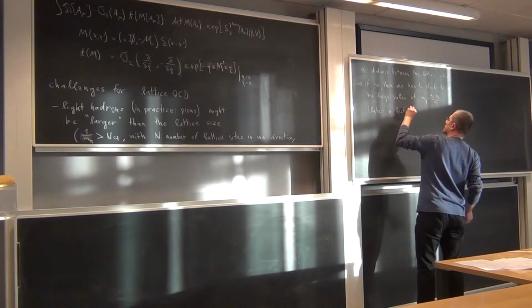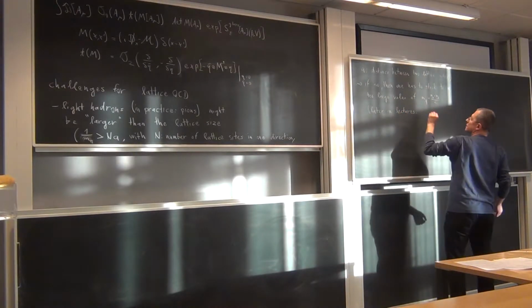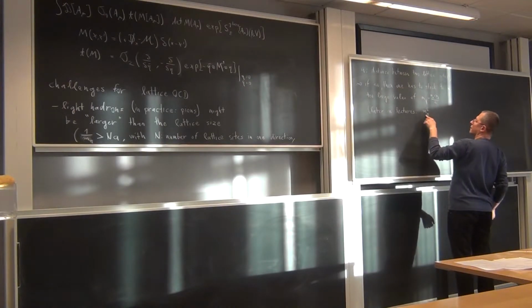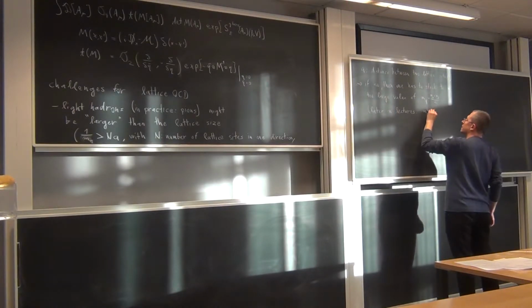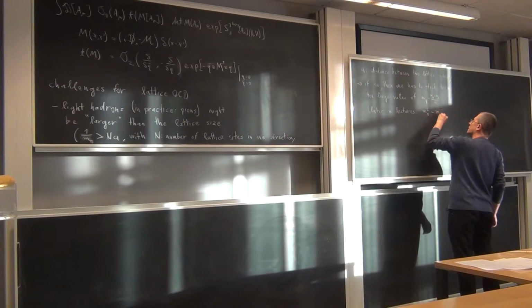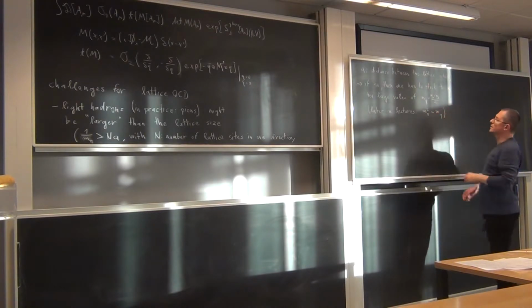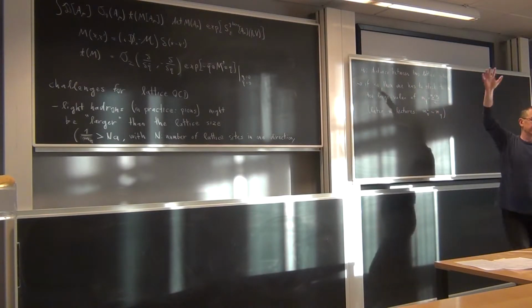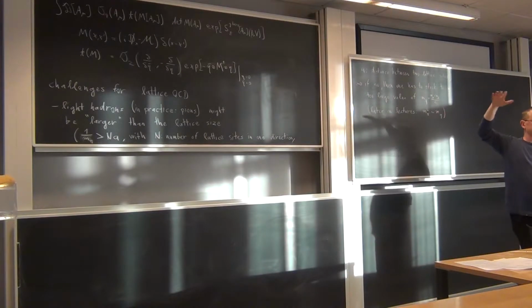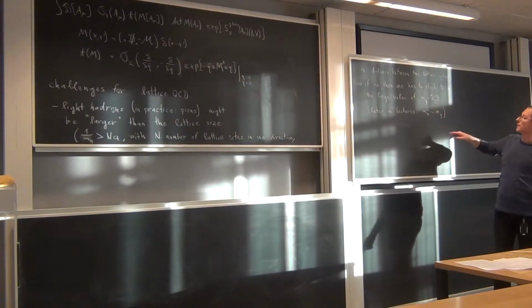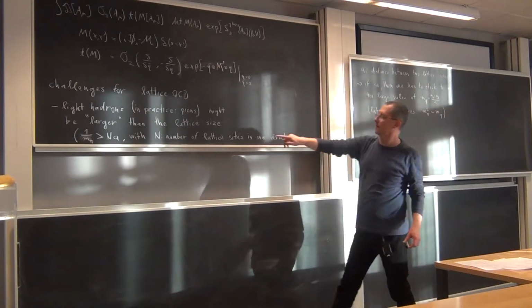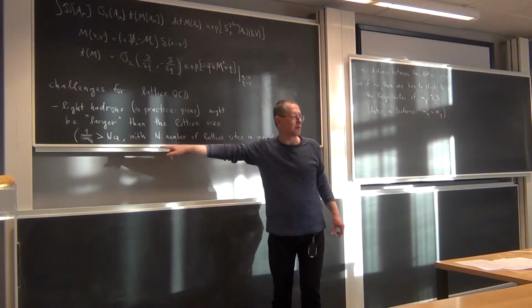So later in the lectures we will see that the pion mass actually scales linearly with the quark mass, which means if I choose a value of MQ which is bigger than in the physical world, then my pion mass would also be bigger, and then this would fit on the lattice.